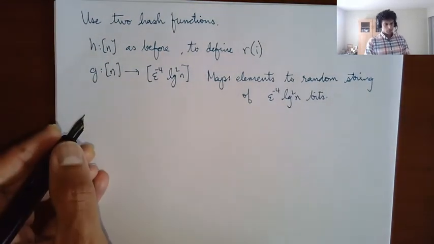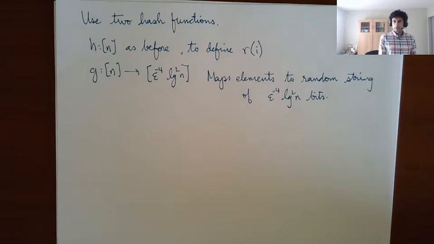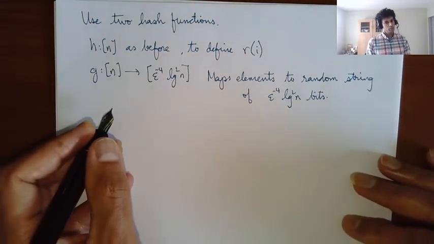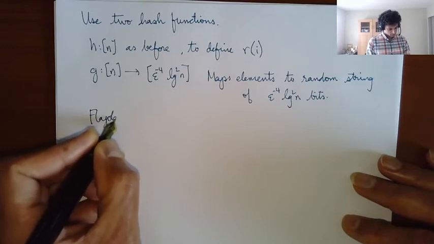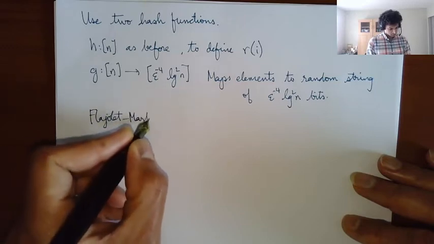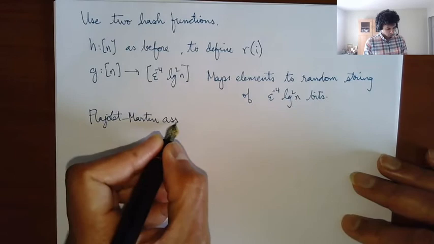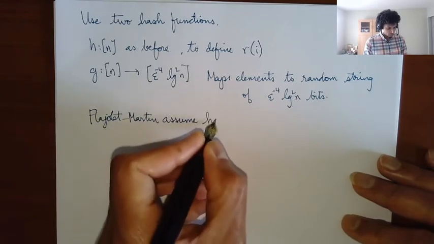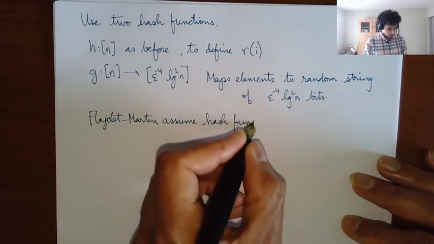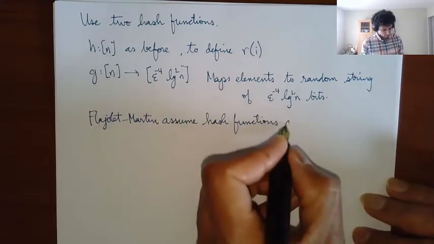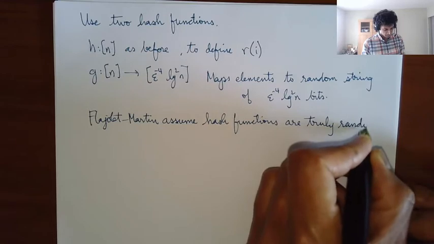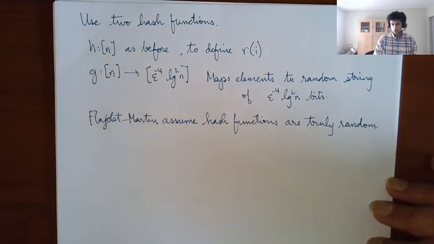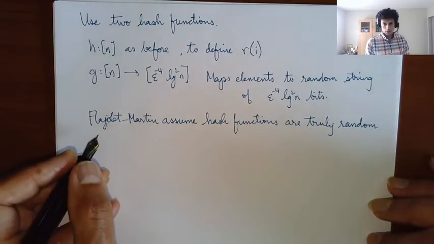Now let me come back to this theory versus practice gap. Flajolet-Martin assume hash functions are truly random, and this of course leads to the result.